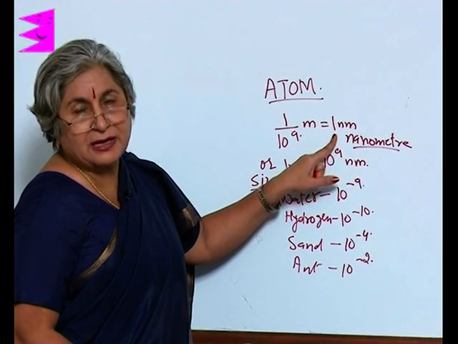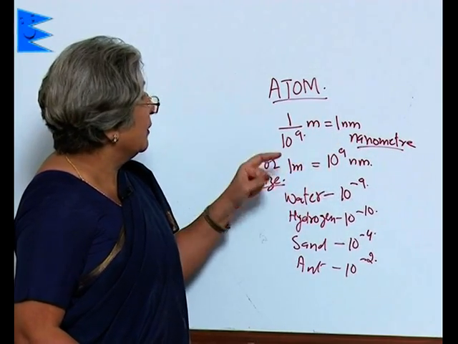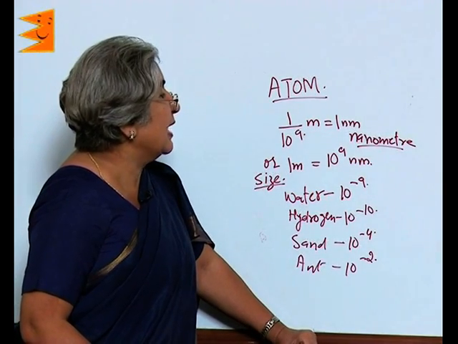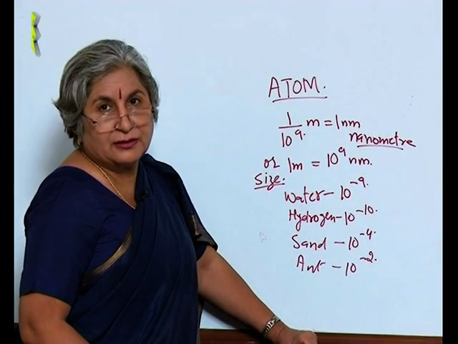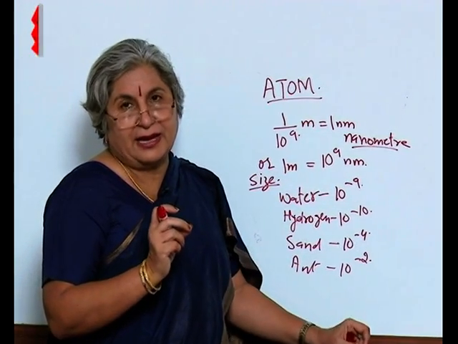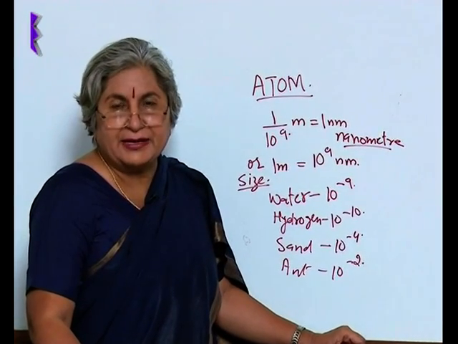So, you can imagine how small is a nanometer, or you can say 1 m is equal to 10 raised to the power of 9 nanometers. So, if so many nanometers are together, then we get 1 m. So, that is about the size of the atom.